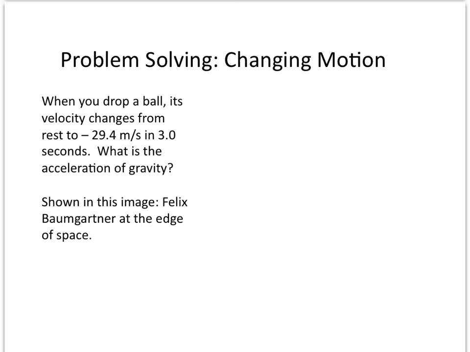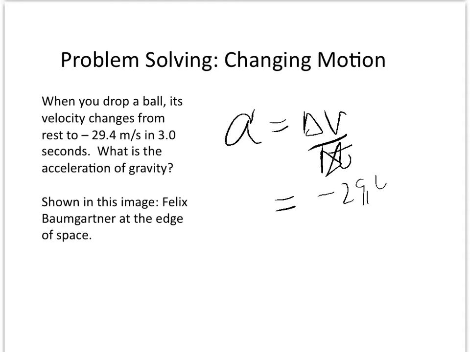What we're going to do with this one is take a look at the formula acceleration equals change in velocity over change in time, and v2 minus v1 is minus 29.4 minus 0 meters per second, all over the change in time of 3 seconds.